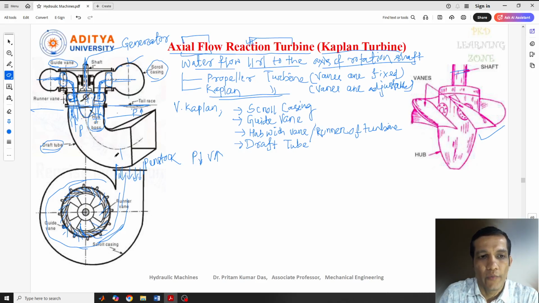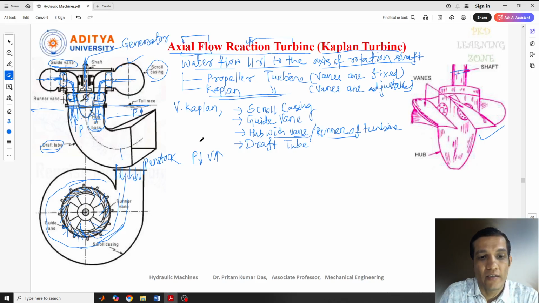But as I told you, during the working of this vane, when it is striking the runner, due to the shape of the vane there will be a pressure difference between before striking and after striking.